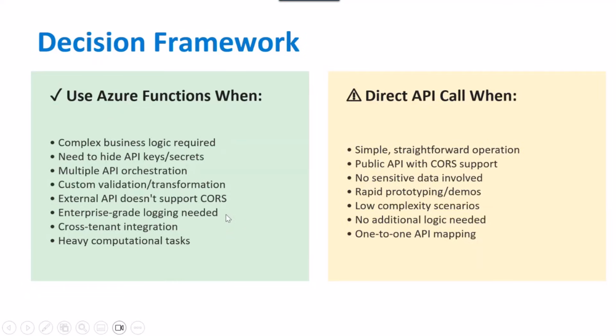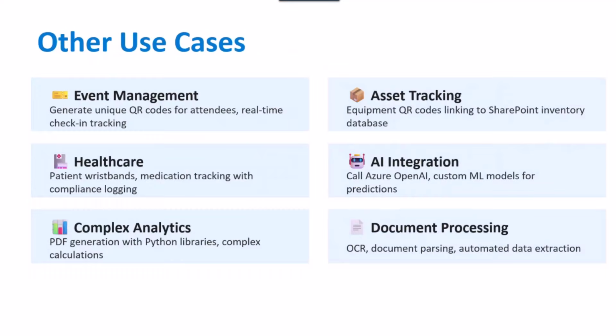But I chose to use Power Automate in between because that helps with orchestration and you can actually do cross-tenant integration. When there's no sensitive data involved, if you're just rapid prototyping for demos and low complexity scenarios, you can use direct API calls from Power Apps.